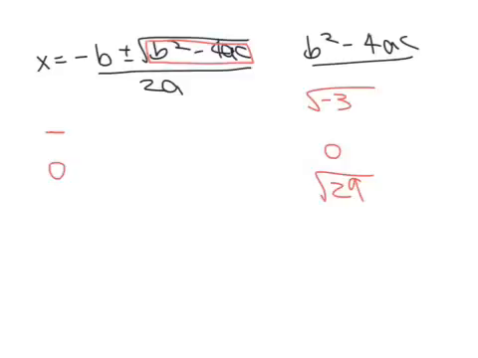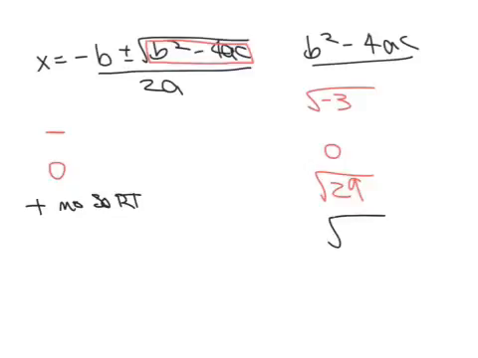That's a positive number that's not a perfect square. It's a positive number, whereas this one was a negative. It's a positive number, but you can't take the square root of it. So it'd be like a positive 29.